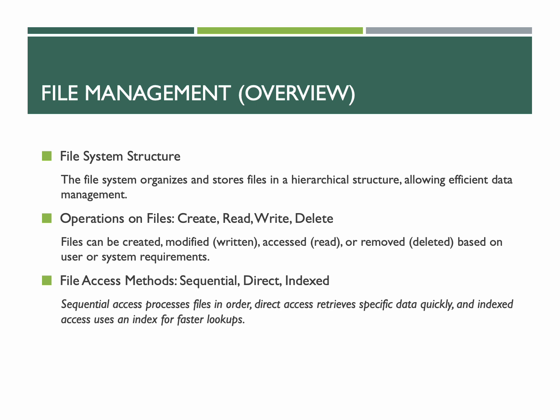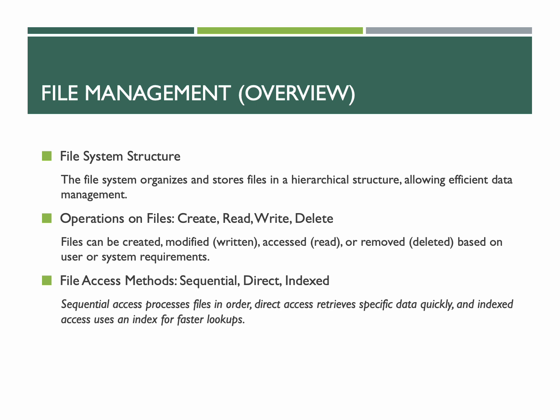It ensures that data is organized, stored and accessed efficiently by both users and applications. The file system organizes and stores files in a hierarchical structure such as directories and subdirectories. This structure makes data management very easy and efficient.